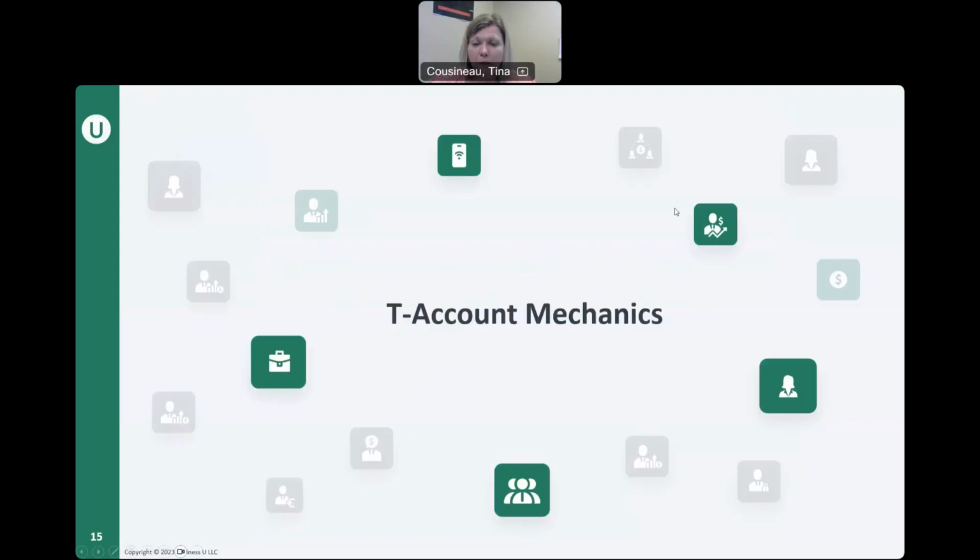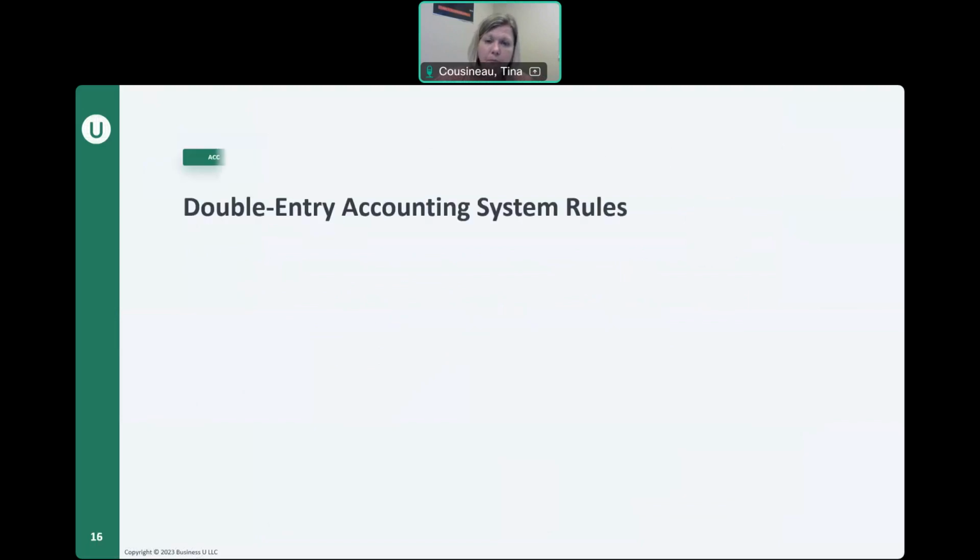All right, so let's talk about some T account mechanics. The double entry accounting system has rules. In accounting, we love our rules. So we have our GAAP rules, we have our Internal Revenue Service rules. There's lots of rules, and rules are important when it comes to accounting.